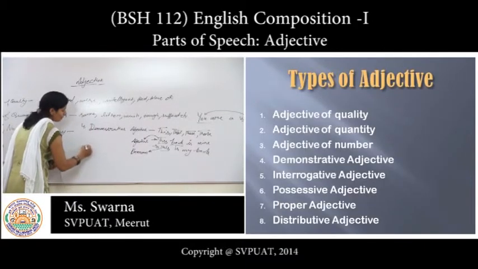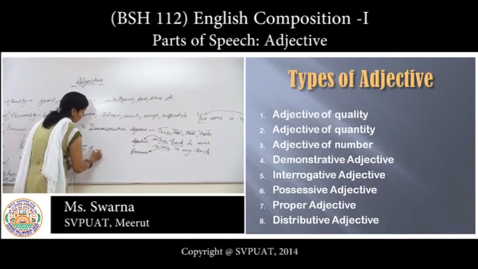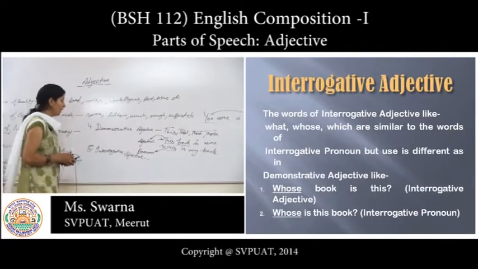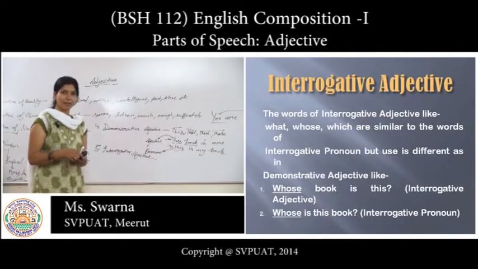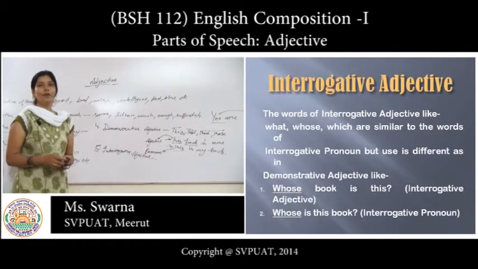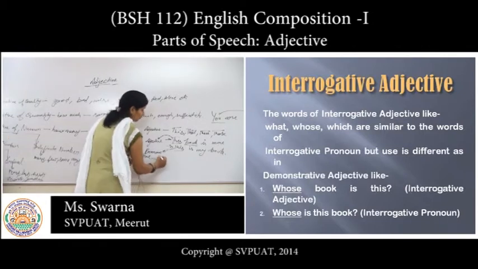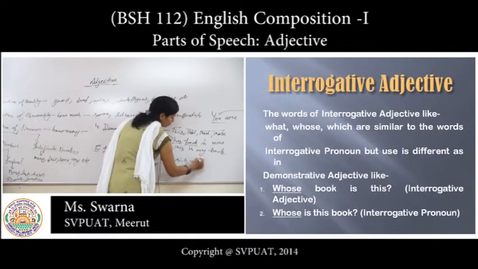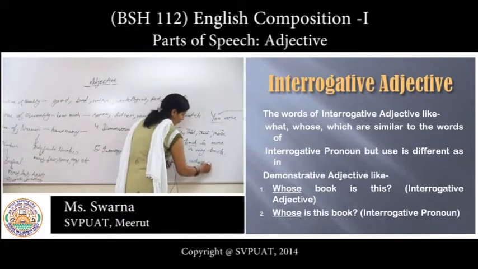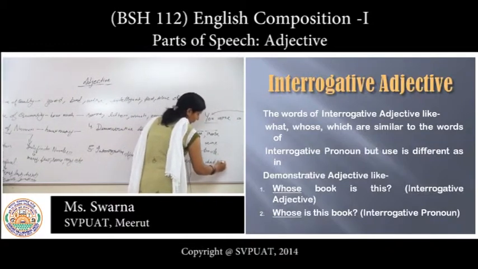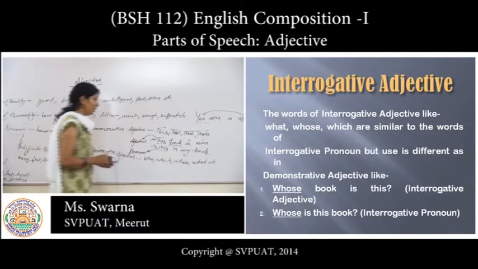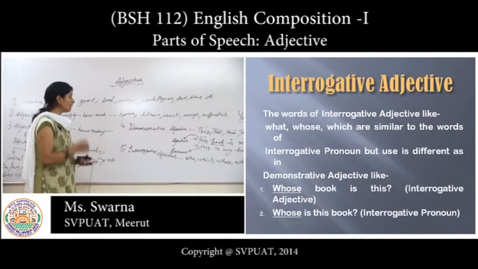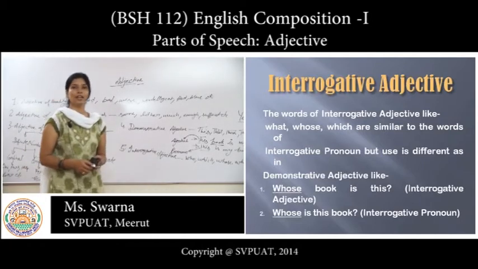The next type of adjective is interrogative adjective. Interrogative adjective words are the same as interrogative pronouns, like who, which, whose, what, etc. But in the same sense as demonstrative adjective, the interrogative adjective is different from the interrogative pronoun.